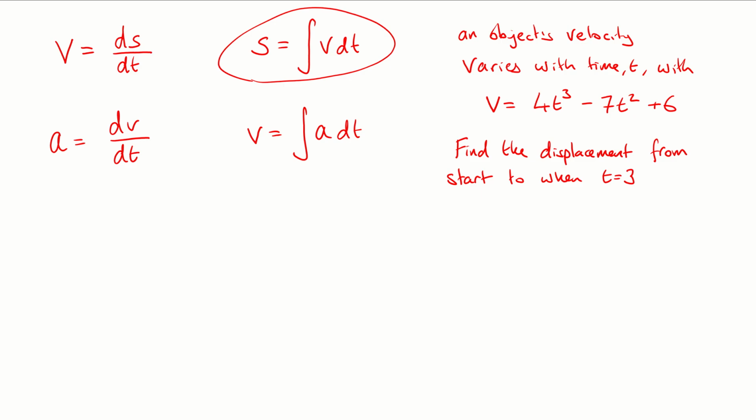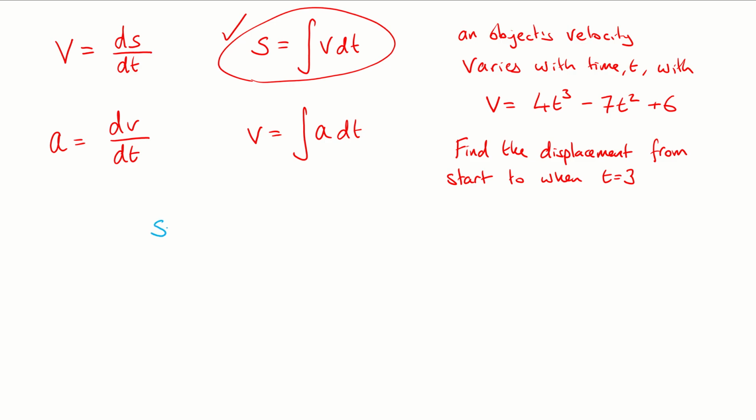So in this case, we know velocity is a function of time, and we're looking for the displacement. So we're thinking about this idea over here. So can you identify what we might be able to write down?